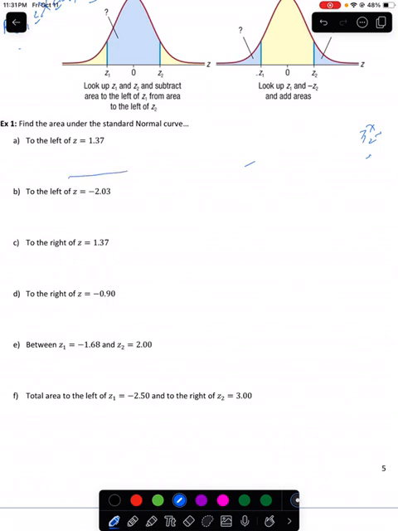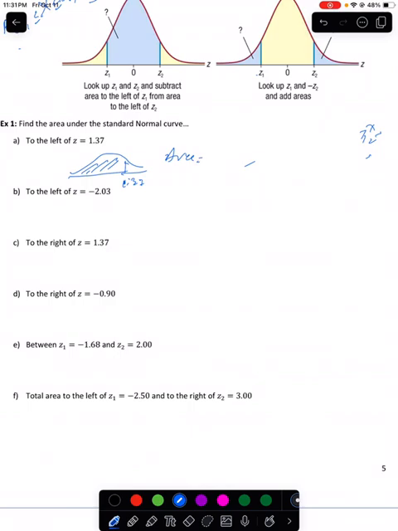It will be somewhere over here. So we are looking for this area. You should know before you look up the table that the value must be bigger than 0.5. So you say the area equals. Now we'll go and look up the table.